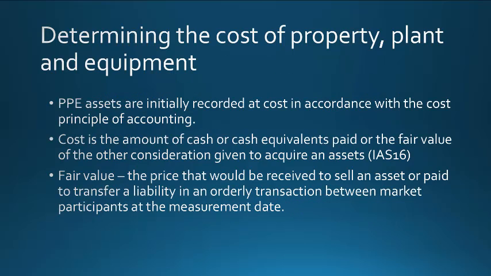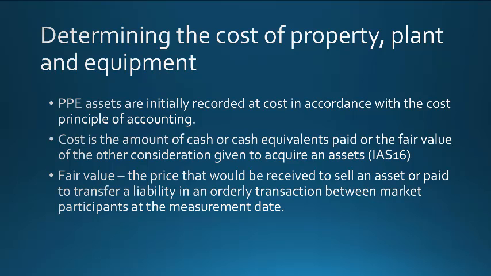Now, in determining the cost of PPE, we have to determine, of course, what particular accounting principle is being applied. The main accounting principle applied here is the cost principle. In the cost principle, the amount that we pay to purchase the property, plant, and equipment will be the recorded cost.